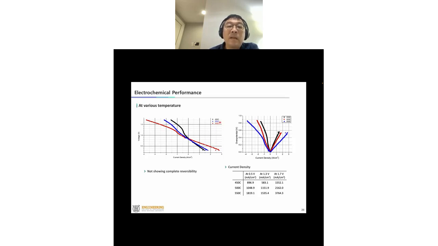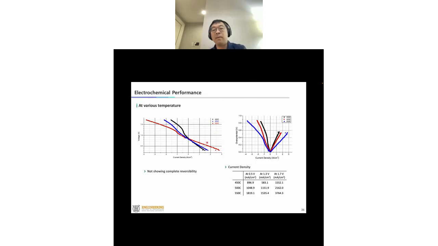But even at 500 or even at 450, you can still observe fairly good performance, in both the fuel cell mode and the electrolysis cell mode. So in both cases it can operate well at low temperature, around 500 Celsius.